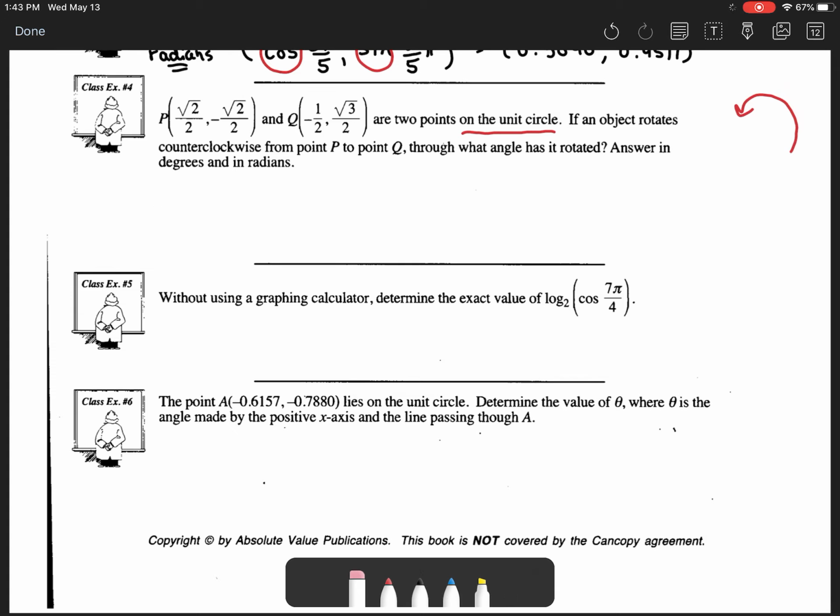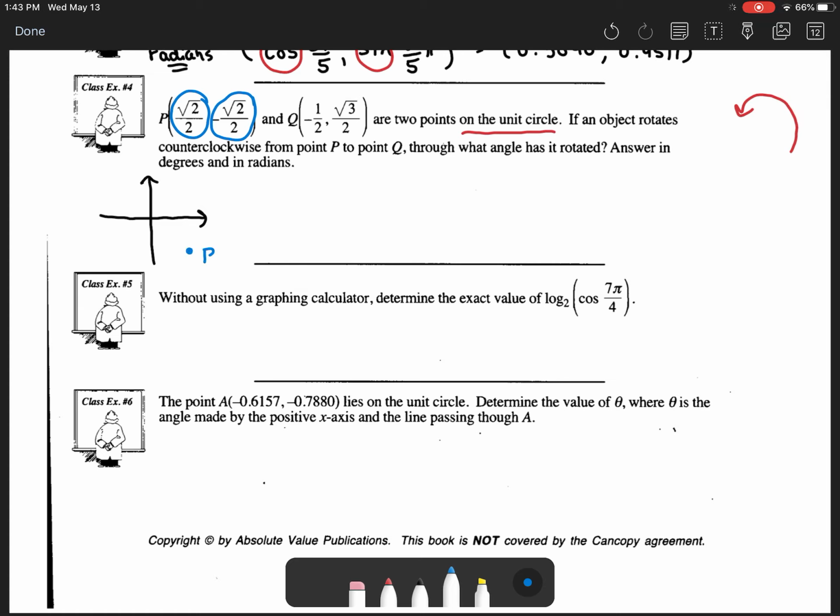Oops, that looks like an EKG machine. Okay, so I'm gonna go like this, and I'm gonna label these points. So what I noticed with point P is these two are exactly the same, except one's positive, one's negative. That's our 45-degree angle, isn't it? Our 45-degree triangle. So it's at a positive x and then a negative y.